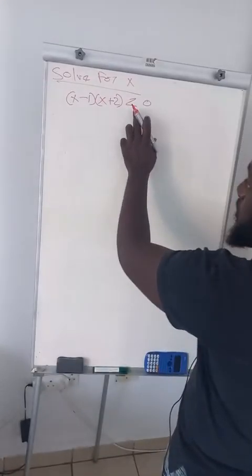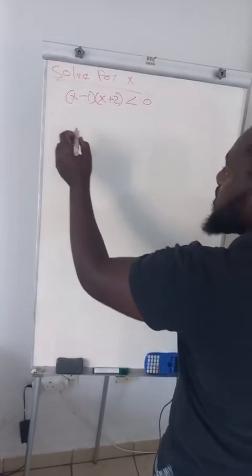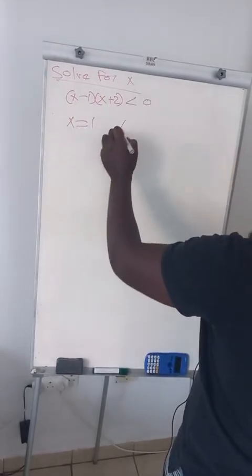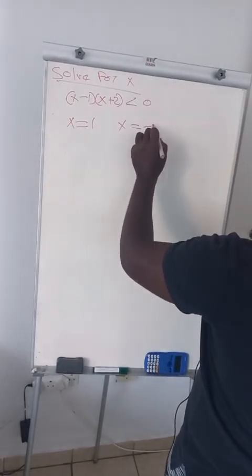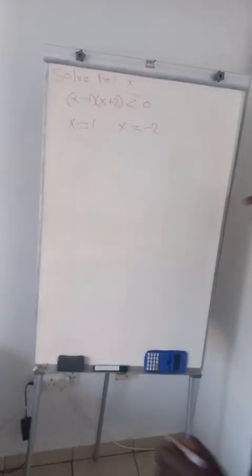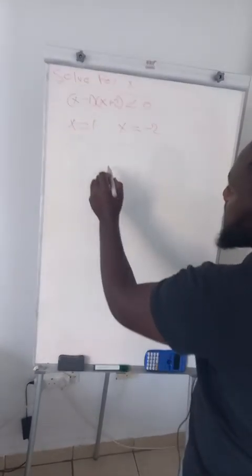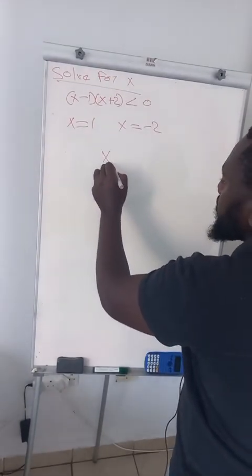If it was an equal sign here, it was going to say x is equal to 1 and x is equal to negative 2. Once you have this, it means this less than inequality means that your final answer should say this.